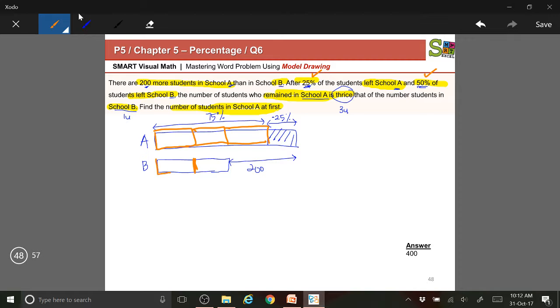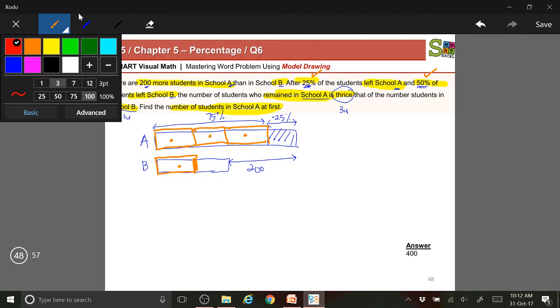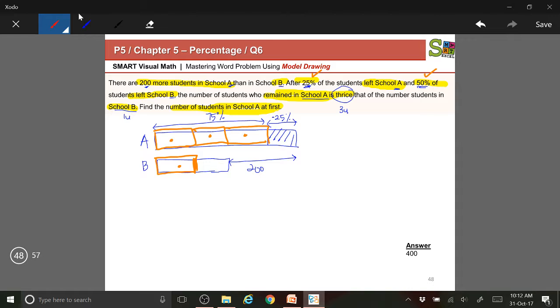So this is the balance because it has to be 1 unit, right? So now we know this is equal, because they mentioned that this is 50% less, means whatever is here is 50%, another 50% is this part, so it's also equal, but this is already left.